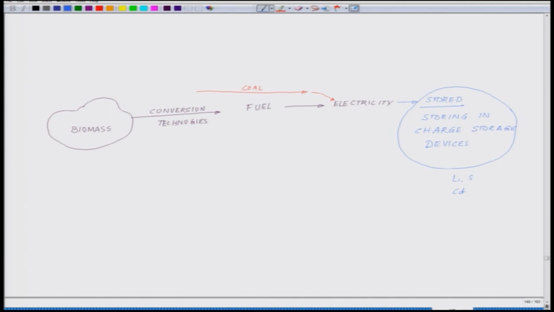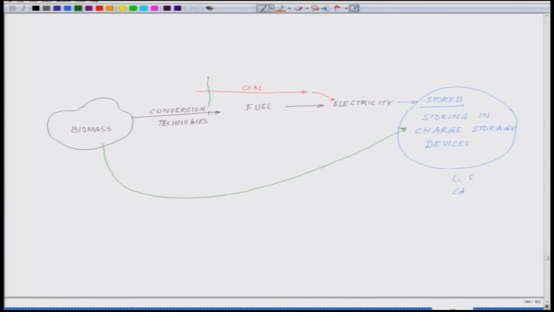Now think of it, this is the philosophical side. If these charge storage devices are also obtained from the biomass, how will the story be? Essentially our life will revolve around biomass technology.